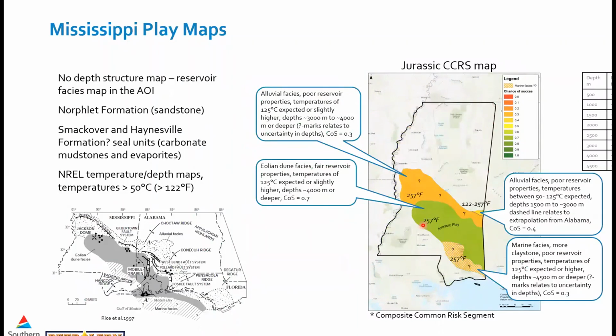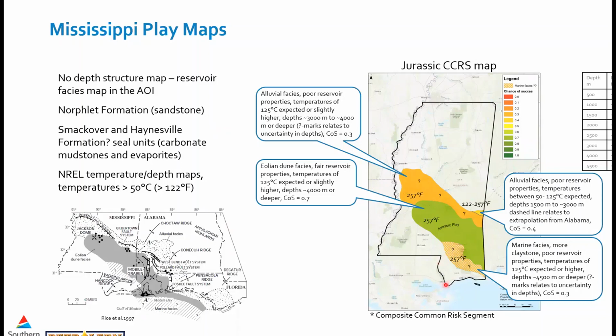And here is the Jurassic composite common risk segment map. Here in Mississippi, we didn't find any depth structure maps, but we were able to find a reservoir facies map within the AOI, the area of interest.